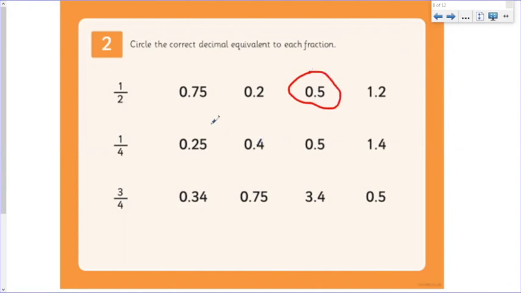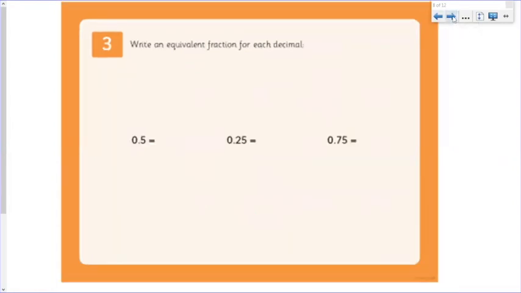Quarter is equivalent to 0.25. 3/4 is equivalent to 0.75. So I really hope that these fractions and decimals are going to be sticking into your heads, staying in your heads forever and ever, because we are repeating them. Let's have a look at the next slide.